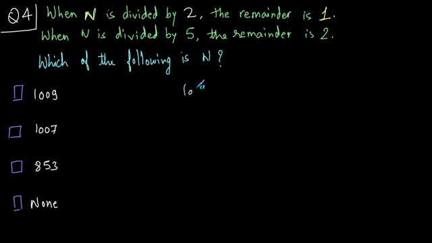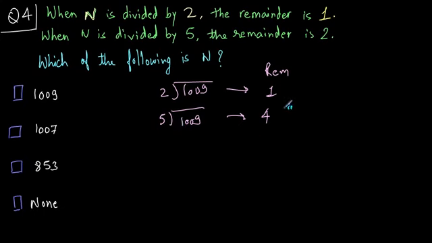So let's start with 1009. If it is divided by 2, the remainder is actually 1, and if it is divided by 5, the remainder would come as 4. So 1009 is not going to fit, it is not our answer.